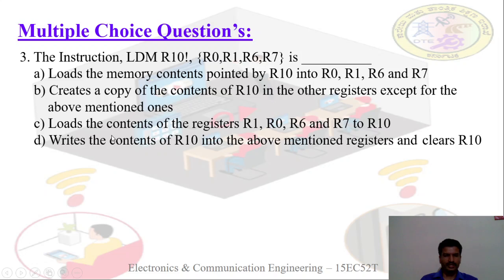C, loads the content of the registers R1, R0, R6 and R7 to R10 register. D, writes the content of R10 into the above mentioned registers and clears R10.